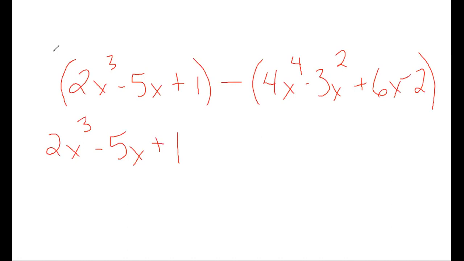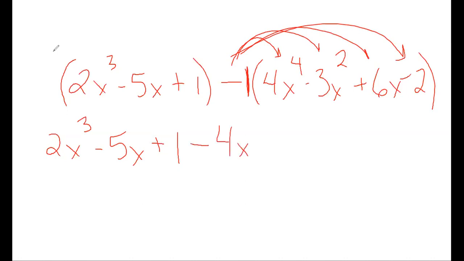This negative sign, or this negative 1, if you wanted to put the 1 in, has to be distributed to every term that's inside the second polynomial. So that's going to change all my signs. It's going to give me a negative 4x to the fourth, a positive 3x squared, a negative 6x, and a positive 2.